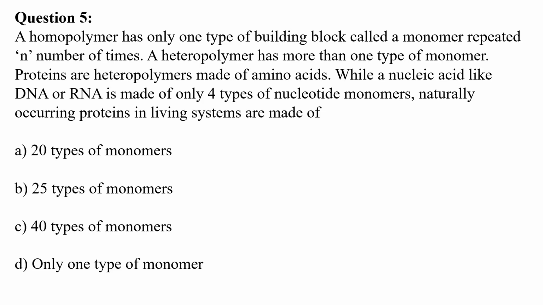We have 20 types of amino acids, right? So a naturally occurring protein in a living system is made of 20 types of monomers. Each residue could be any of those 20 amino acids. So the correct answer is A. Is that clear?